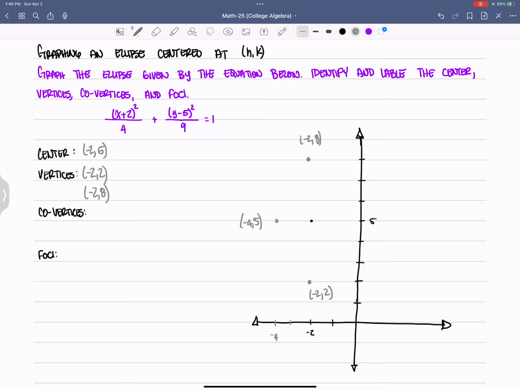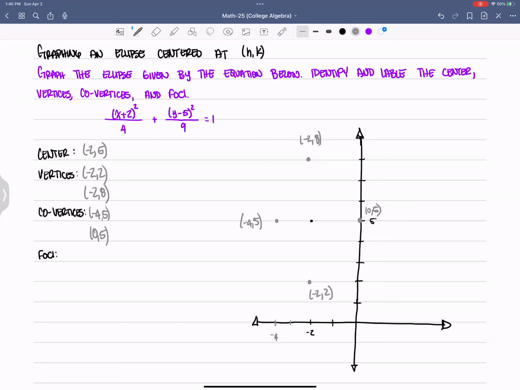And we go out 2 units in the opposite direction, right here. So 1, 2, which is 0. So here when x is 0, y is 5. And there we go. So let's write that down. Co-vertices go -4, 5 and 0, 5.